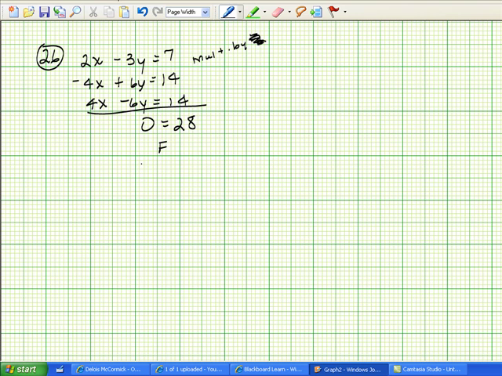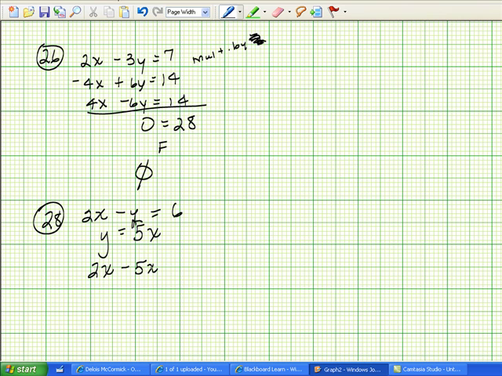Okay, now we're going to move on to substitution. 2x minus y equals 6, and y equals 5x. Well, the y is already isolated, so I want to put 5x in place of y in the first equation. So now I have an equation in one variable. 2x minus 5x is negative 3x. Divide by negative 3.